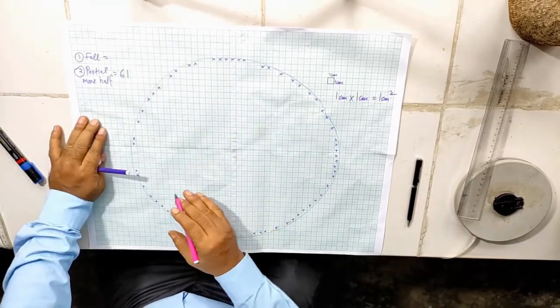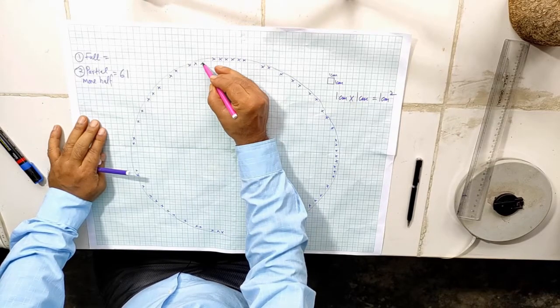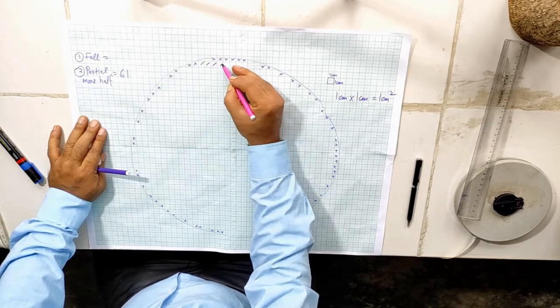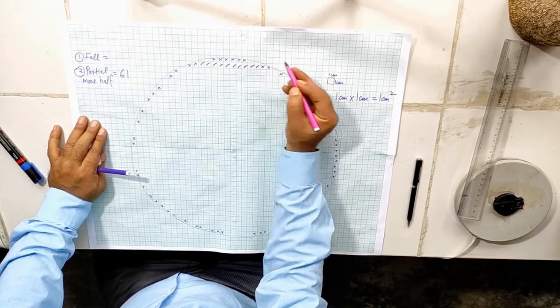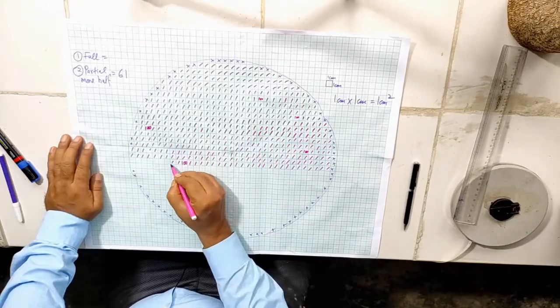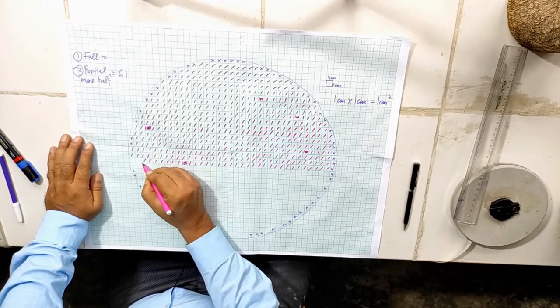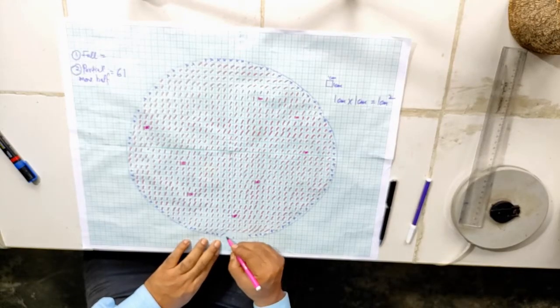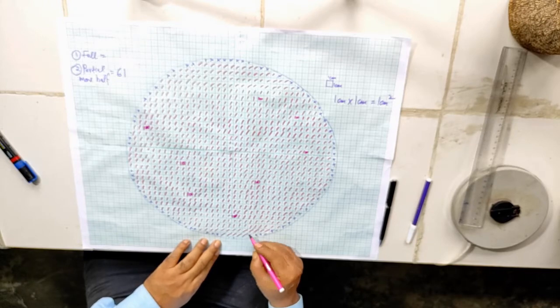For the full, we have to count the entire ones. We'll count it: 1, 2, 3, 4, 5, 6, 7, 8, 9, 10, 11, and so on, up to 883.